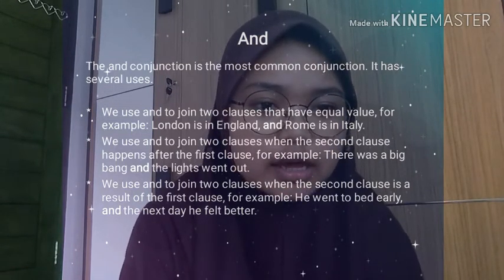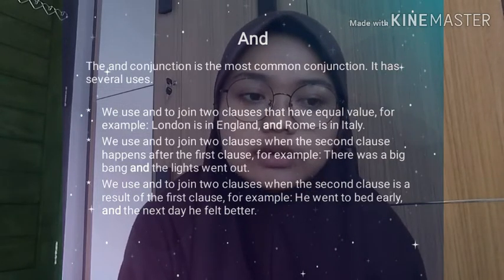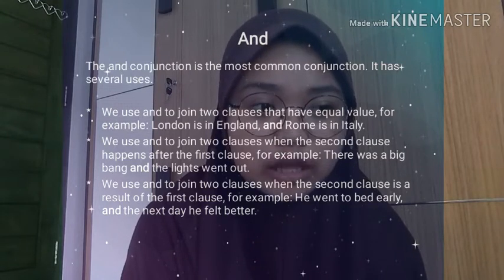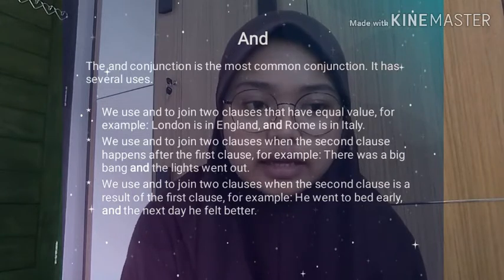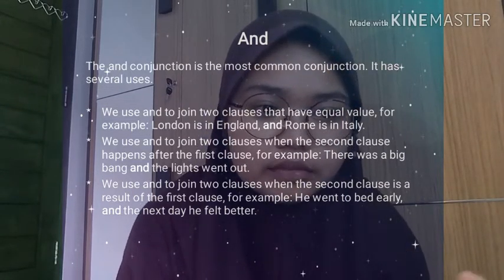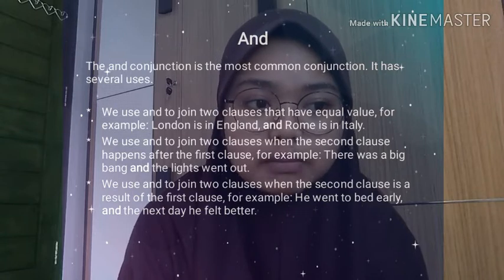And then we use and to join two clauses when the second clause happens after the first clause. For example, there was a big bang and the lights went on. So the lights went on after there was a big bang.